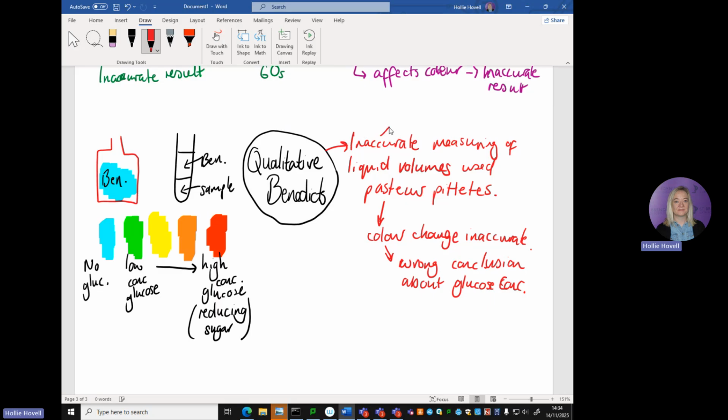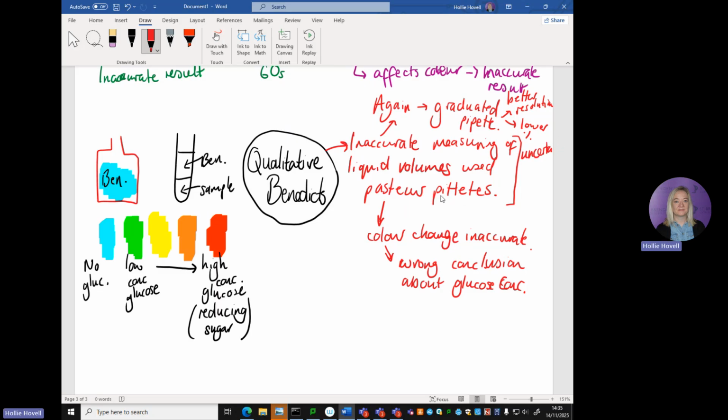And if you did it again another time, what could we do to prevent that? Perhaps we should have used a graduated pipette next time, because it has a higher resolution, because it has a lower percentage uncertainty. Yeah, so it's got a better resolution and a lower percentage, oops, draw a box on that, uncertainty.